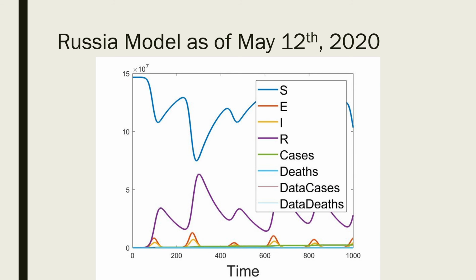So after running my model with the data on Russia, you can see the drastic differences of this output compared to other countries. This is the first model that produces a larger second wave over the first wave, which is a little bit surprising. But based on the first case, which according to Johns Hopkins was on February 1st of 2020, and the number of cases and deaths per day, the model produces a much larger second wave compared to the past 3 countries.